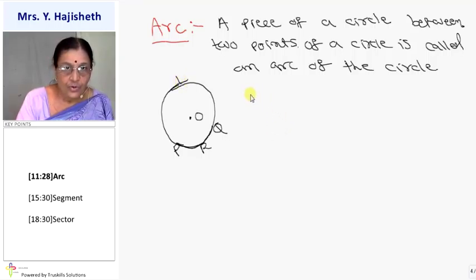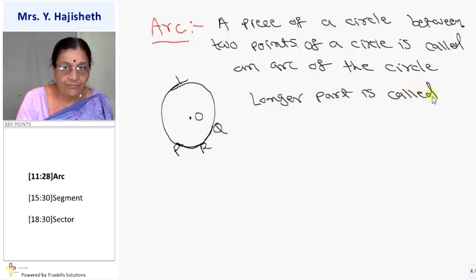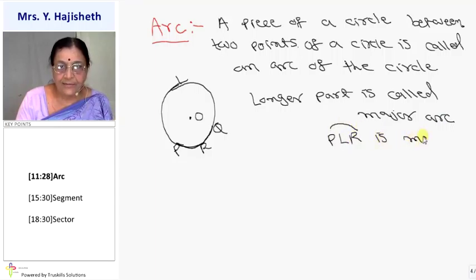The longer part is called the major arc. So here PLQ is the major arc.